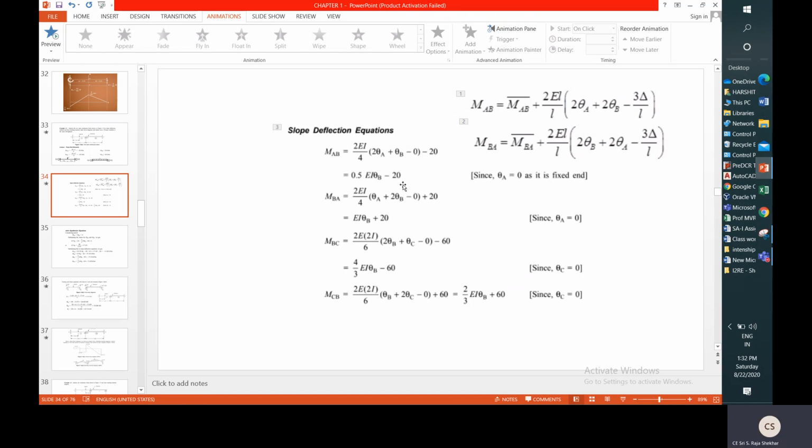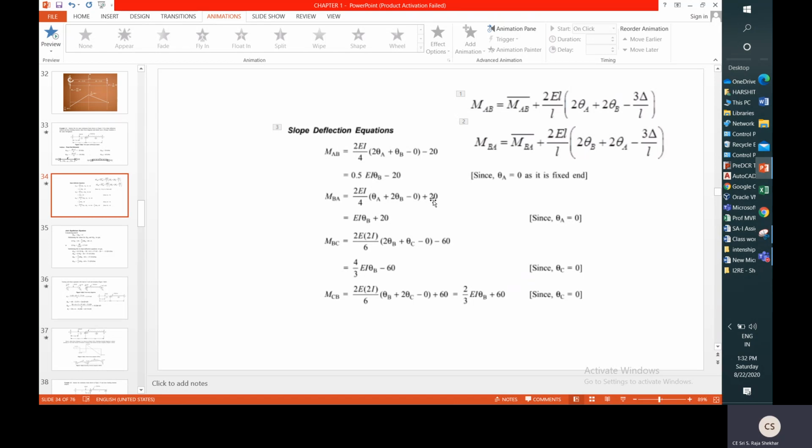And now you write for the span BA, in the direction of BA. For the span AB in the direction of BA, the final end moment MBA is equal to 2EI by L into theta A plus 2 theta B minus 3 delta by L, plus fixed end moment MFBA.